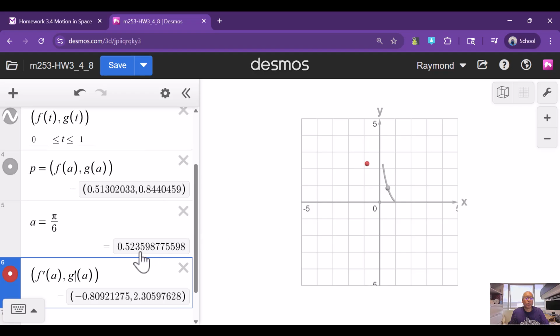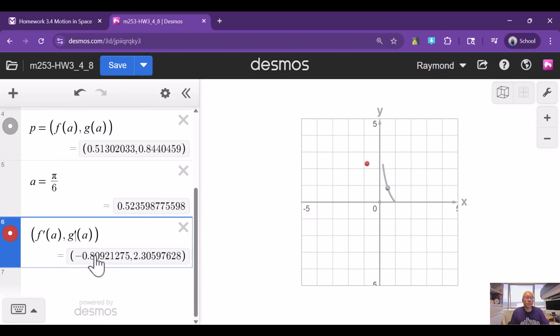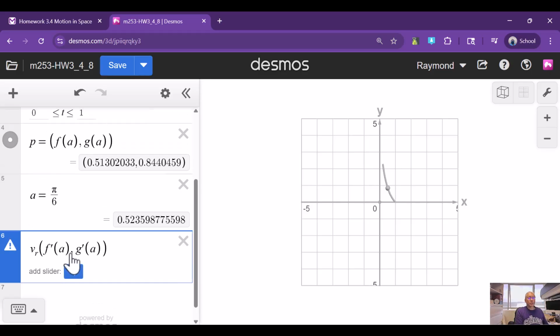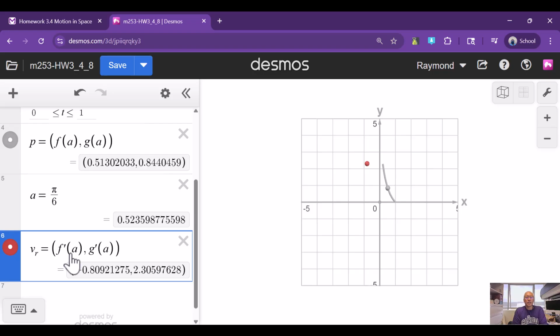Now that point is not meaningful to me because I want to consider this as a vector. Now this is velocity, so I'm going to label it v, and I'm going to put a subscript because we're going to use other v's here as well. And so this is v sub r to tell me that this is the velocity of the r function.